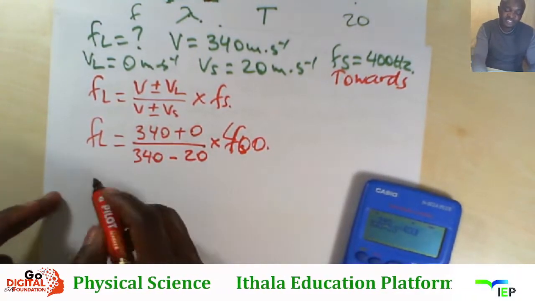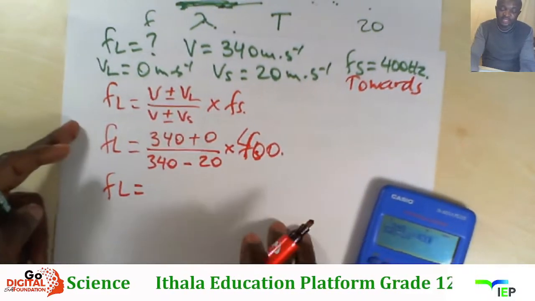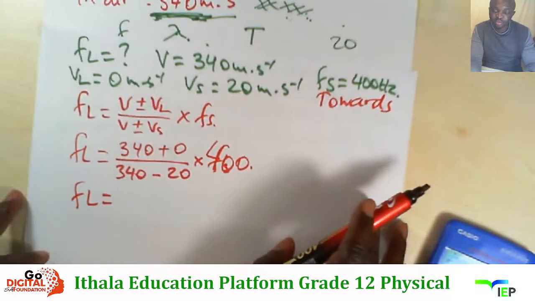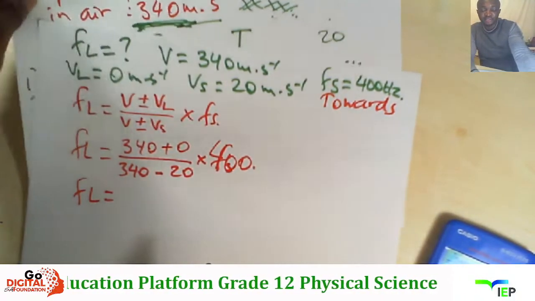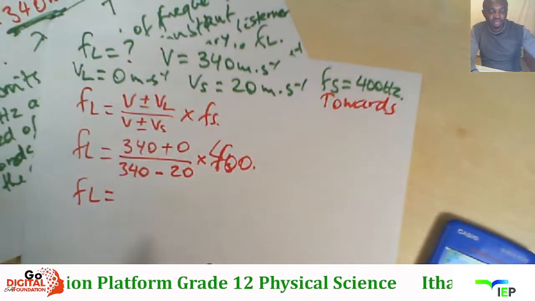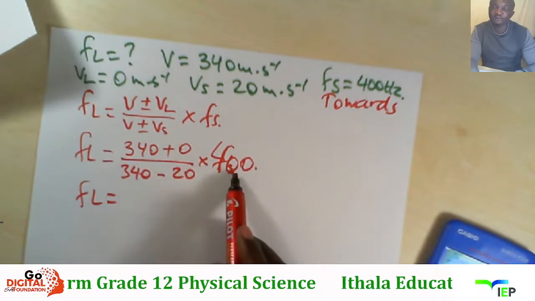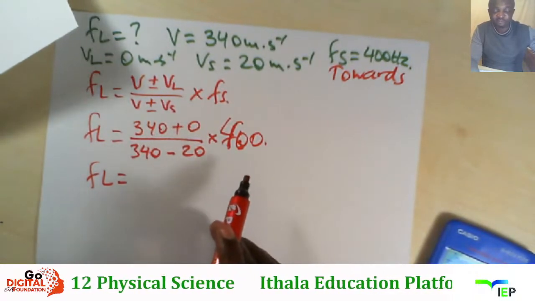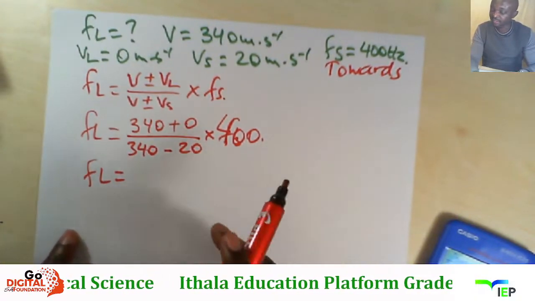Now before we get the answer we must have an idea that the answer we get here must be greater than 400 because it is moving toward. This will help you in case you get a wrong answer, you will have an idea that the answer I should get must be greater than 400, because we know that when they are moving toward each other, the frequency of the listener is greater than the frequency of the sound.